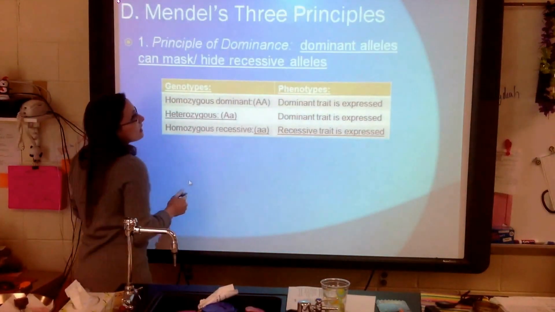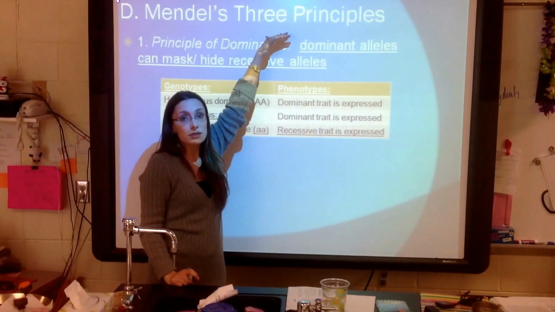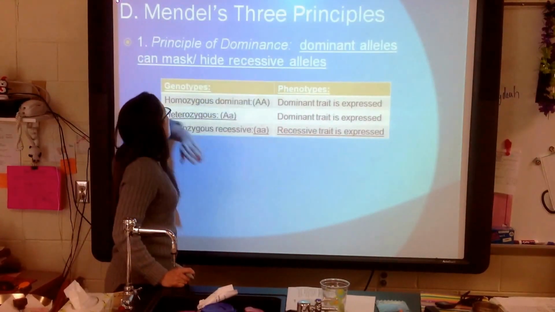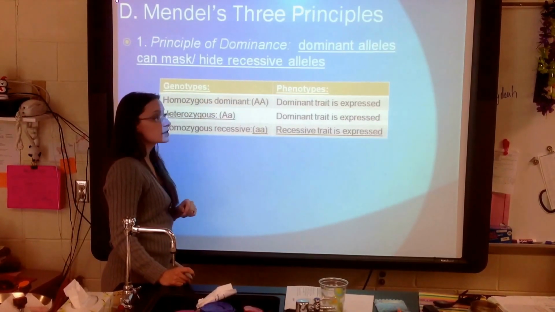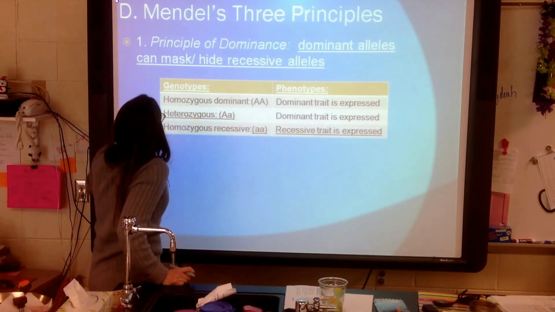What we're going to see is that there are three main principles or rules. The first rule is that dominant alleles can mask or hide recessive alleles. So let's look at this one, the heterozygous.